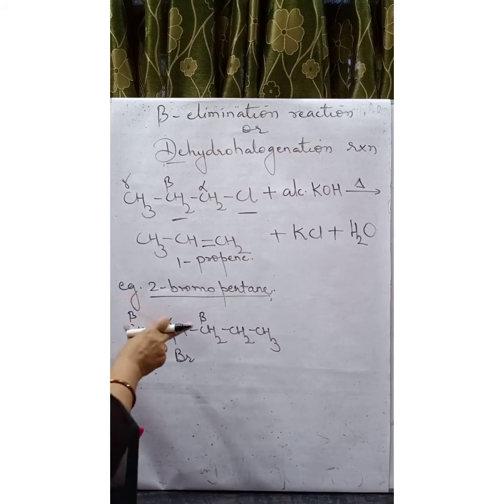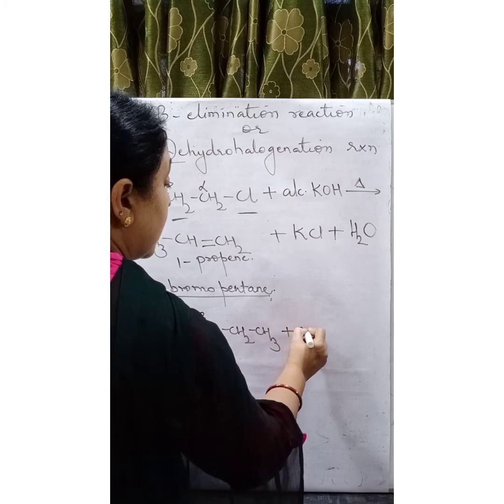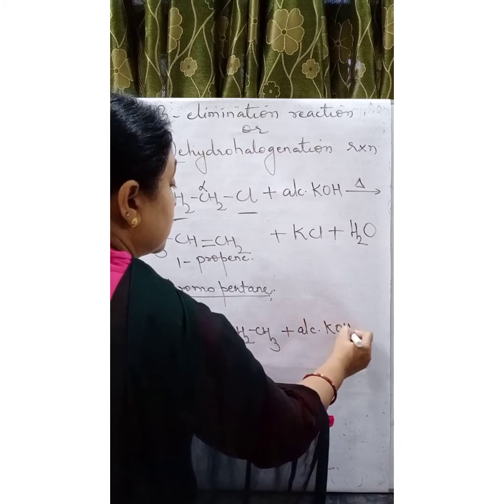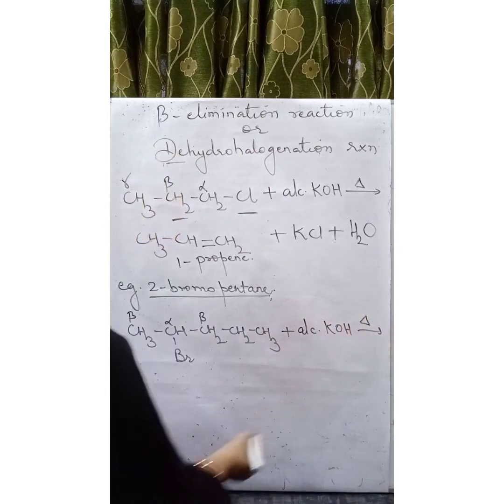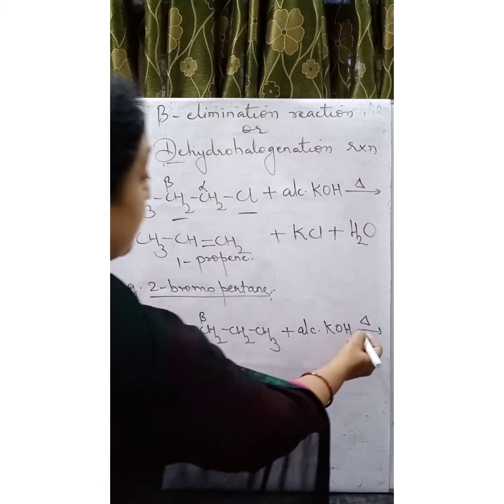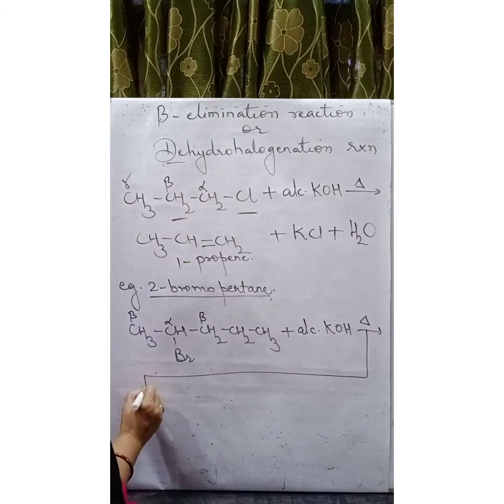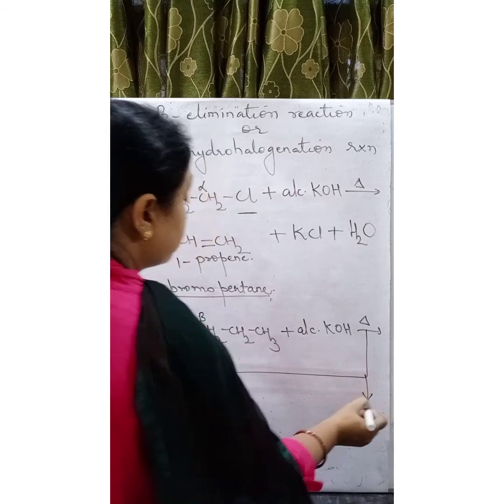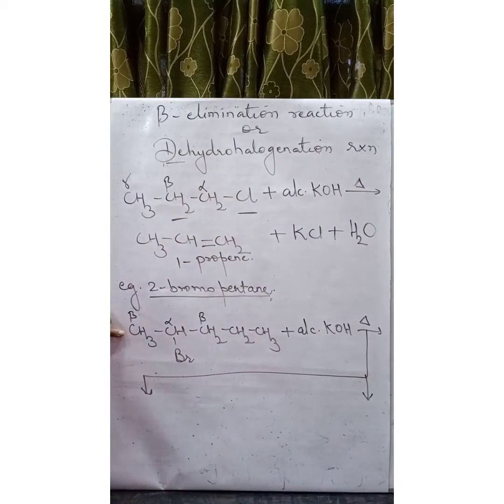Now when such a compound reacts with alcoholic KOH in presence of heat, there is probability of formation of 2 compounds. First case, suppose hydrogen is getting removed from this beta carbon. So we get the product like this, and halogen from here.